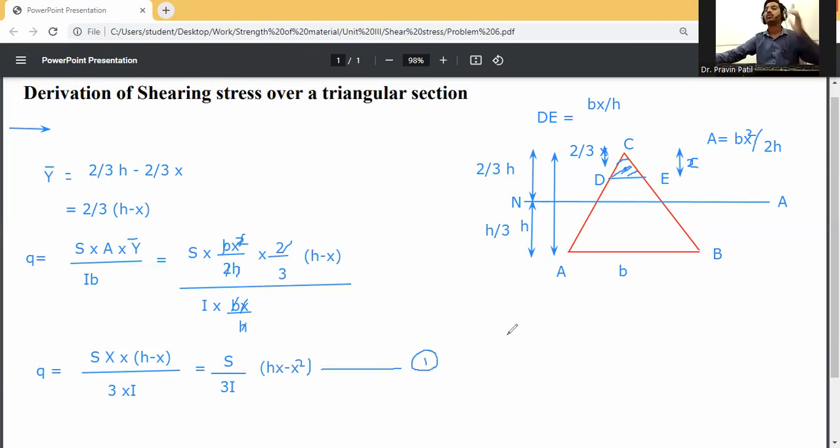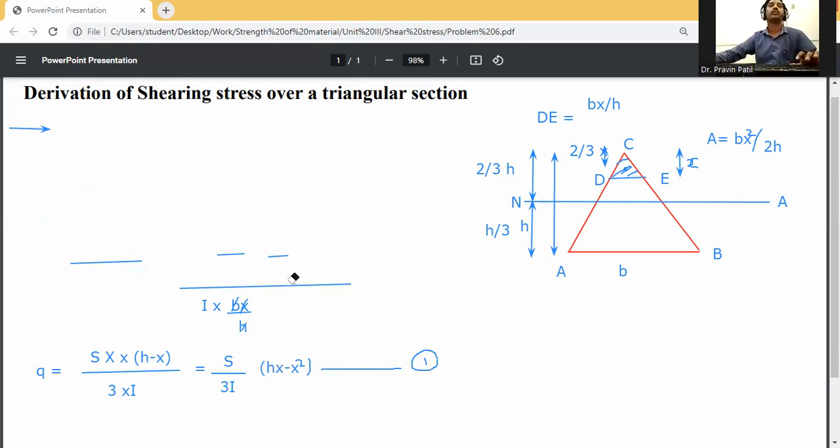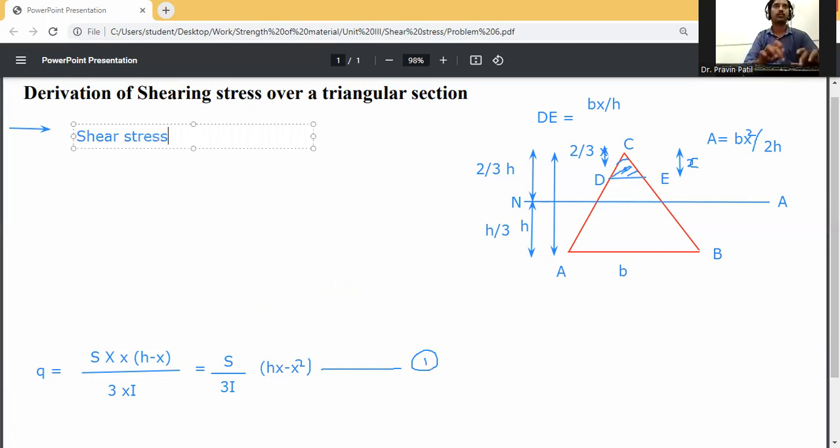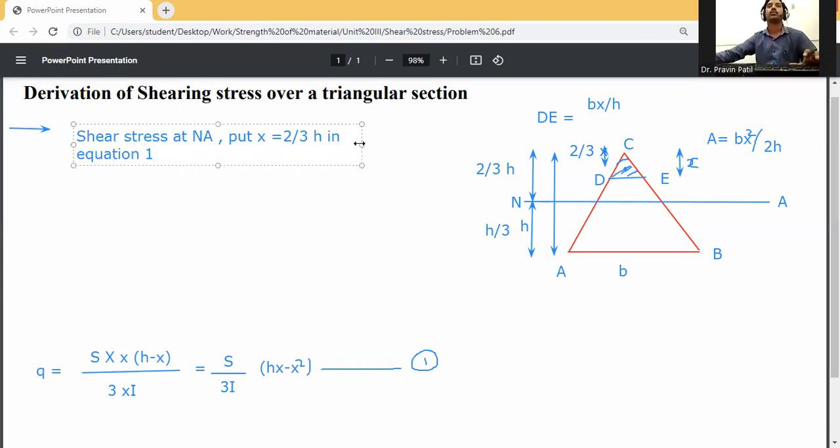Okay, so for the shear stress at the neutral axis, put x equal to 2/3 of h in equation 1.